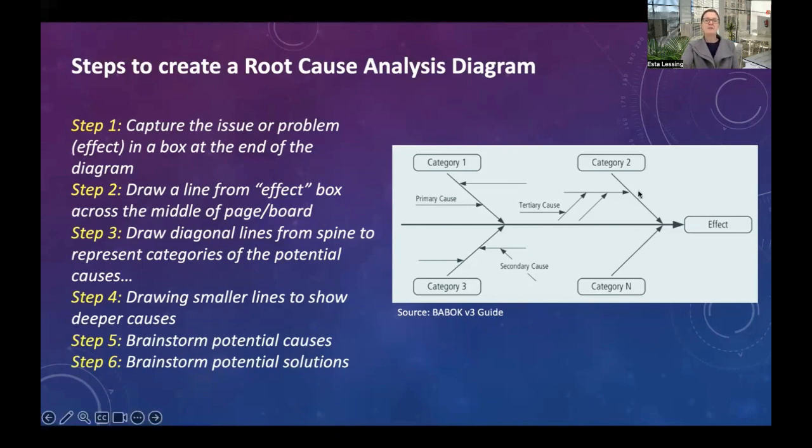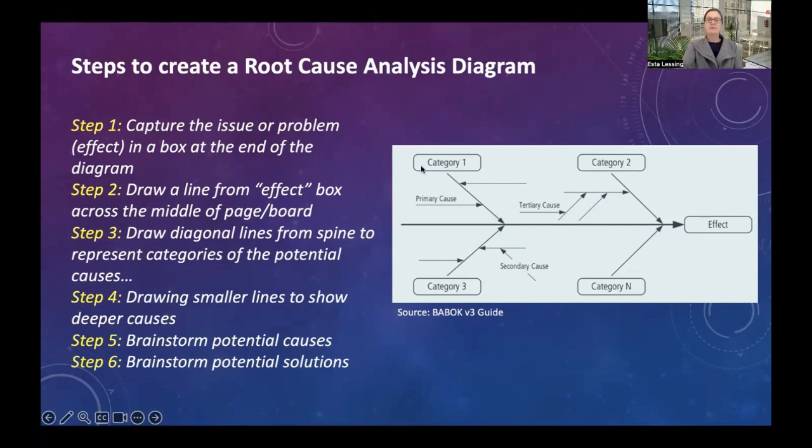But effectively, you start by identifying the issue or the problem with a box at the one end of the page. Then you will draw a line, which in this case is showing an arrow, which is totally fine. And that is like the spine of the fishbone. But then from this line, you will start to draw diagonal lines where we've got one, there we've got one, over there and over there.